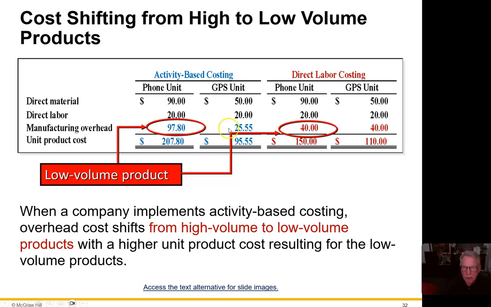You'll recall that we did 50,000 units of phone and 200,000 of GPS. So when a company implements activity-based costing, once again, overhead costs shift from the high volume to the low volume products, with a higher product cost resulting for the low volume products, as it did here.